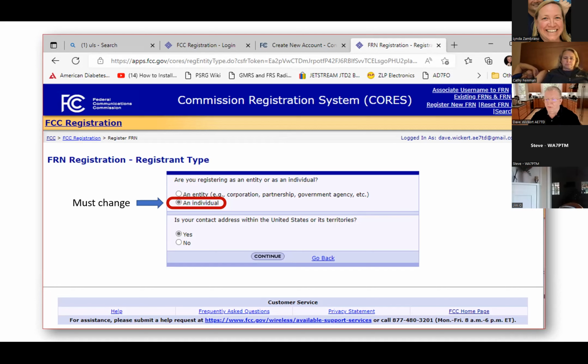That's the way the FCC ensures that anybody who is given a license, that the FCC can contact them by mail if they ever have a complaint issued against them, or if a fine is ever initiated, they need to be able to contact you. So that's what they're going to use your mailing address for. So you must say yes to the second question, that you have a contact address in the United States.